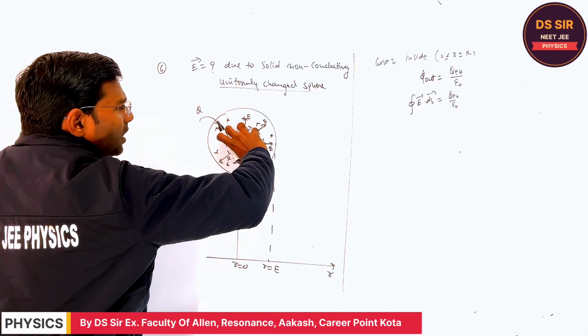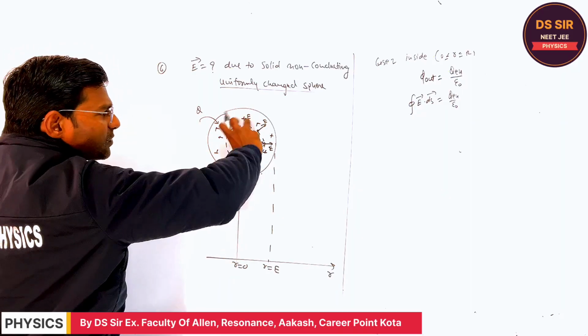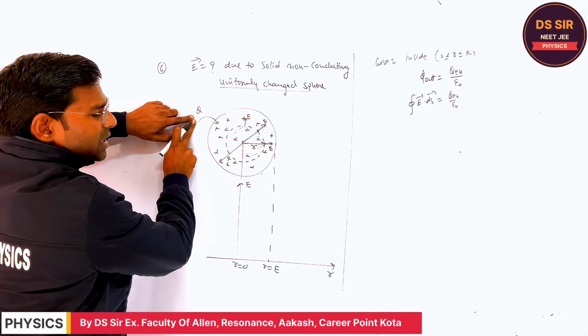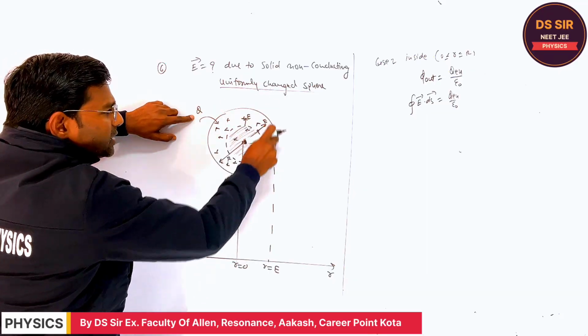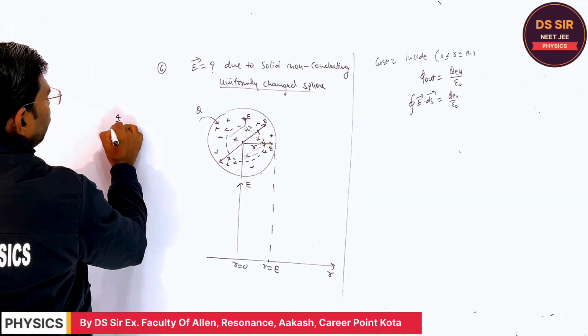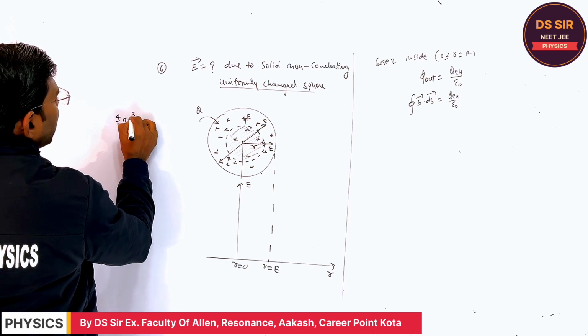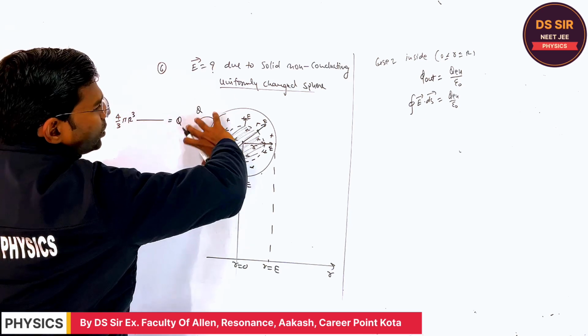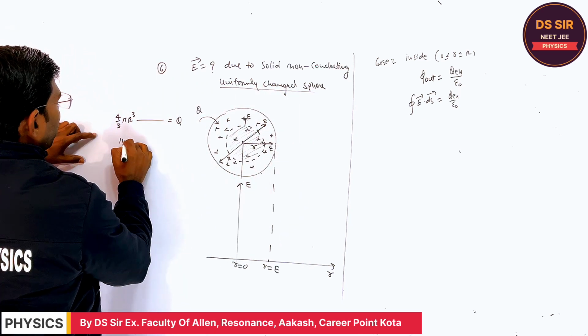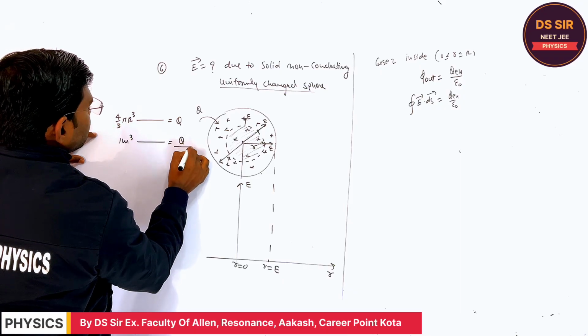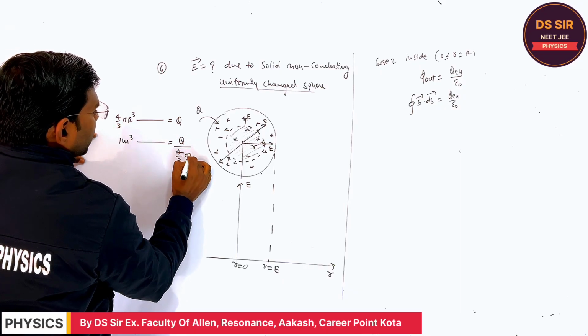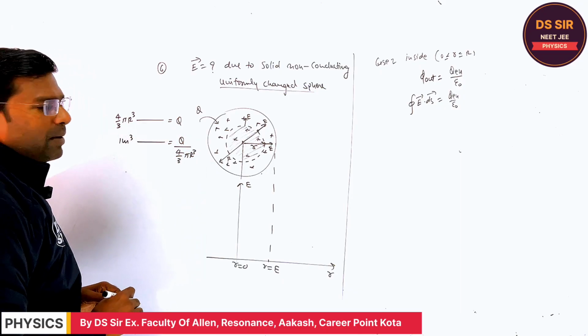So to find the charge in this volume, that charge will be less than capital Q, which is distributed over the volume 4 by 3 pi R cube. So in 4 by 3 pi R cube, the charge is Q. This is the unitary method I am using.